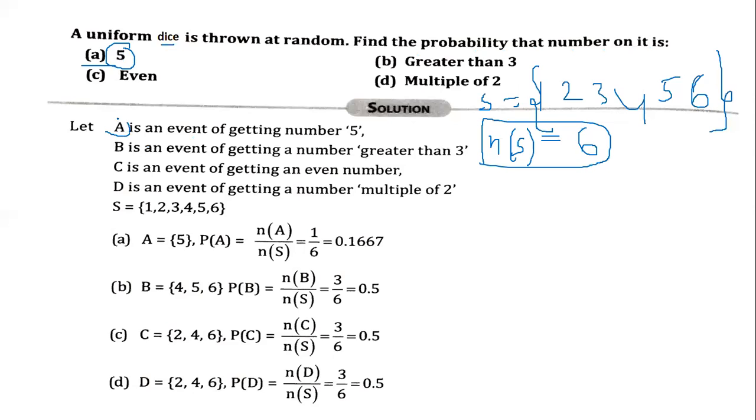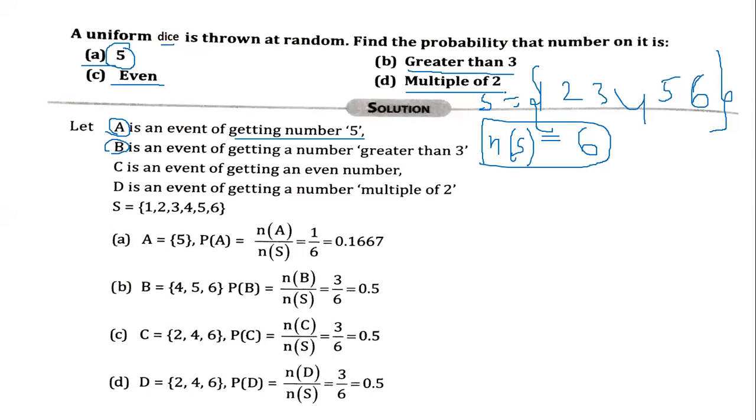So the event A is getting number 5. Now what will be the event B? Event B is getting the number greater than 3. Event C will be getting even numbers. And event D will be getting the numbers which are multiple of 2.